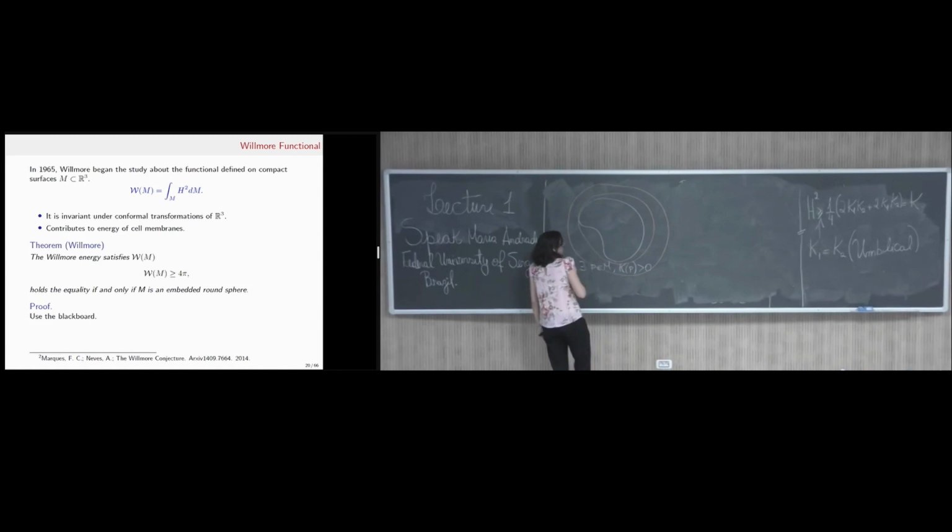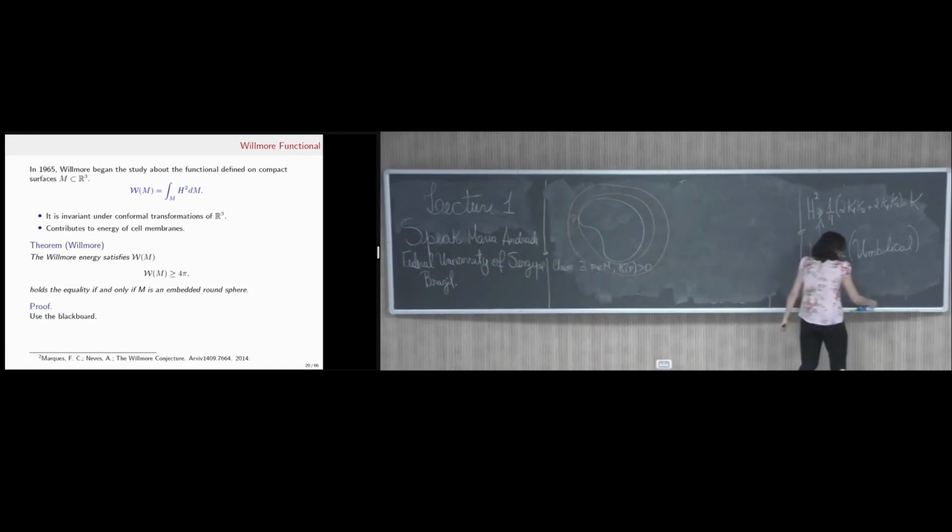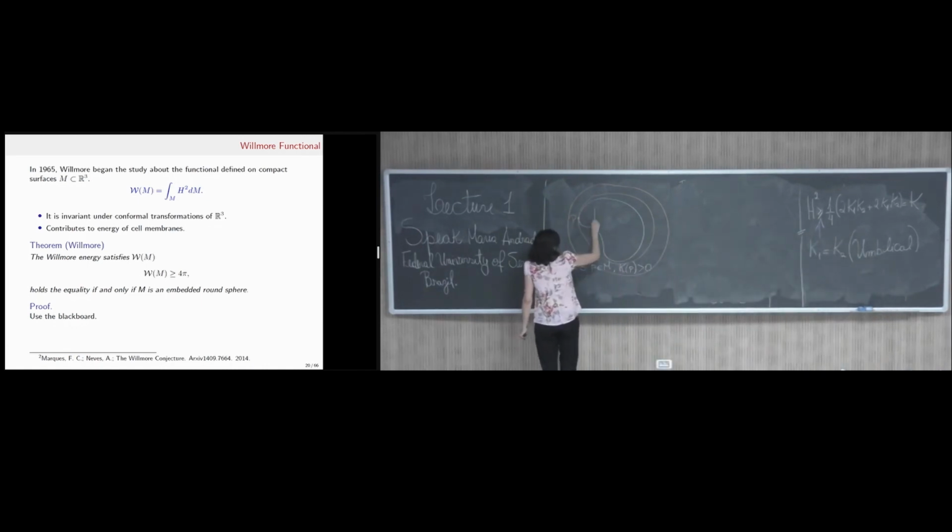And okay, what do you do here? At this point, what can you see? You can now compare the two curvatures. At this point, the curvature of the surface is bigger than the curvature of the sphere. That is the same as this expression.